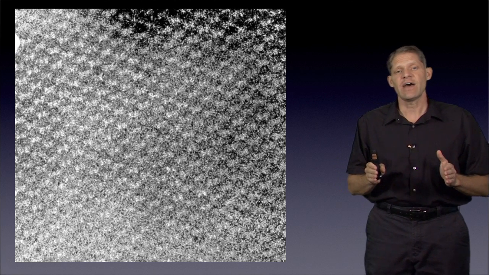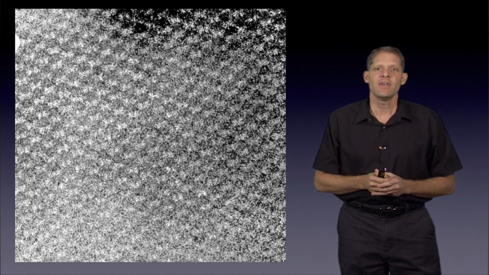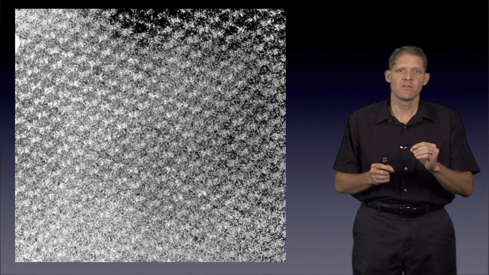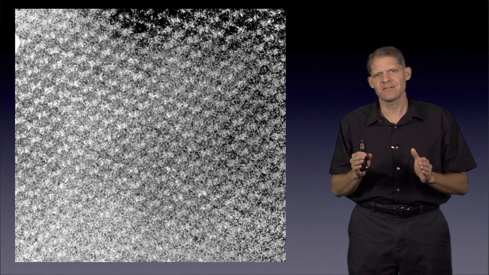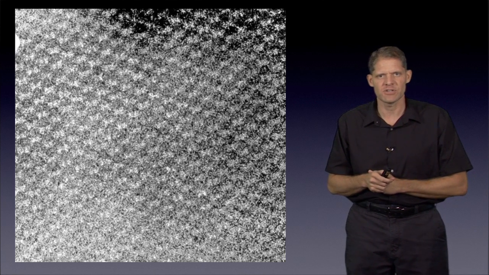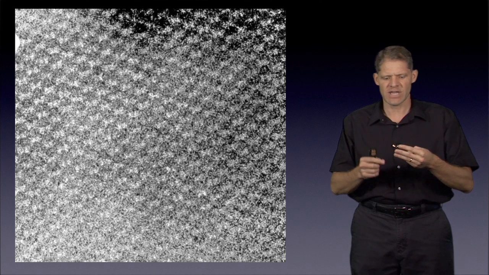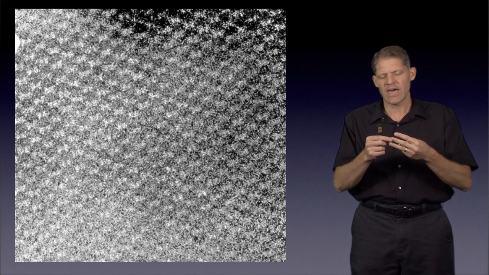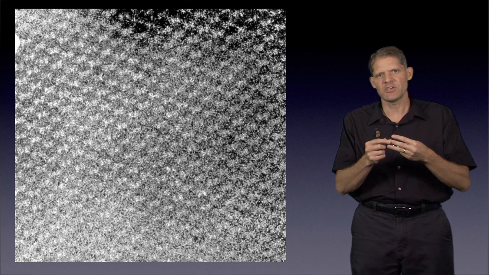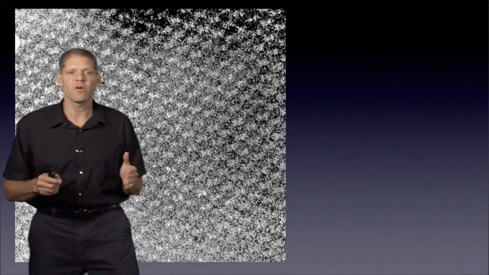So our best idea of how to overcome dose limits is to record low-dose images of a very large number of identical objects and then average those images. And the combination of these three fundamental challenges, how to preserve native structure, how to obtain 3D information from projections, and how to overcome dose limitations, leads to three basic approaches in Cryo-EM.